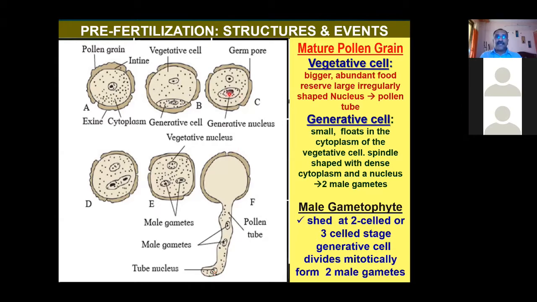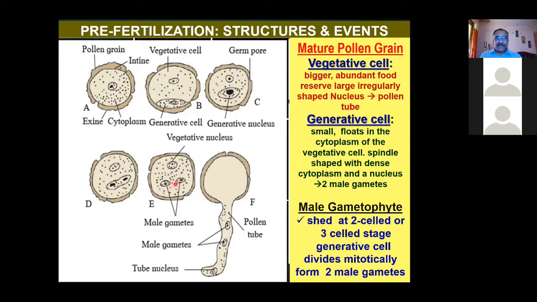But the generative nucleus also will be transferred into this pollen tube, and either before producing the pollen tube or after producing the pollen tube, this generative nucleus will divide and become two, and these are what are called the male gametes.